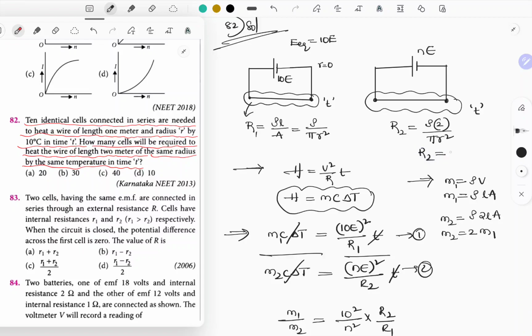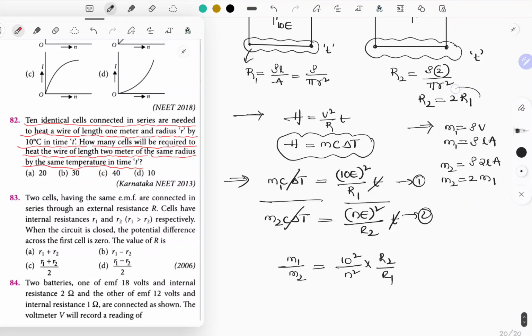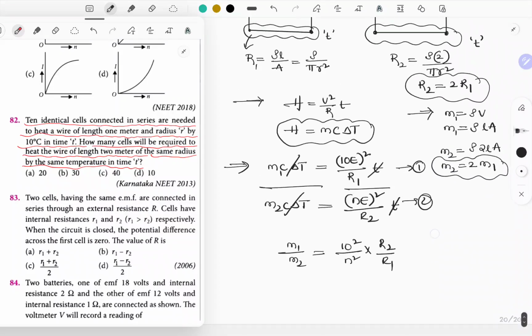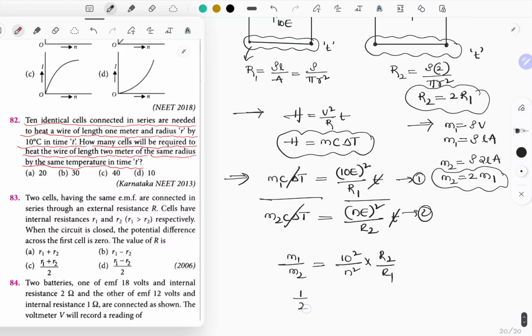R2 can be replaced as 2 times R1, right? R2 is 2 times R1 and M2 is 2 times M1. Then M1 by M2 is 1 by 2, which is equal to 10 square by N square into R2 by R1, which is 2 by 1.